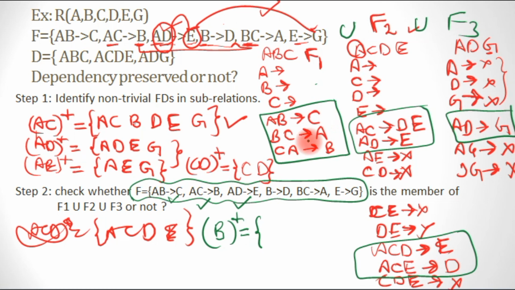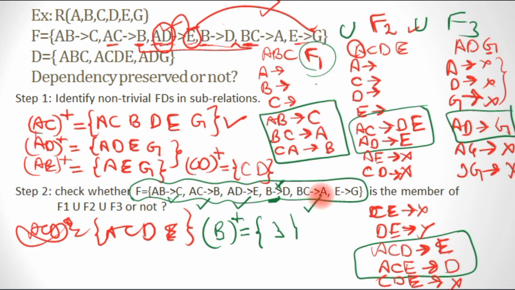So find B's closure. Okay, it is B only. So it does not contain this functional dependency, B determines D. The functional dependency of original relation F is not in the union of all the functional dependency sets of subrelations.